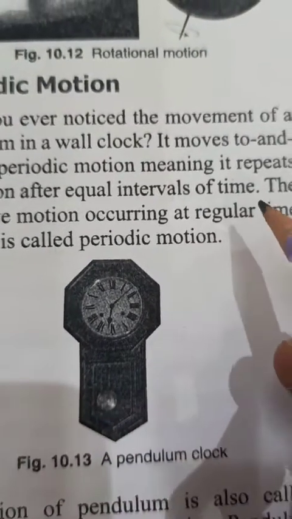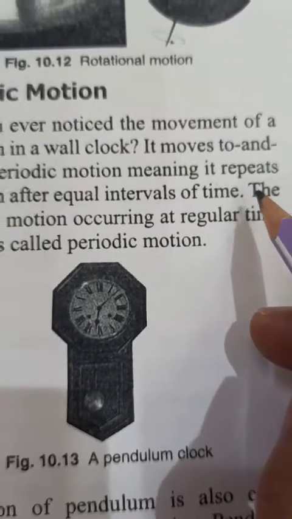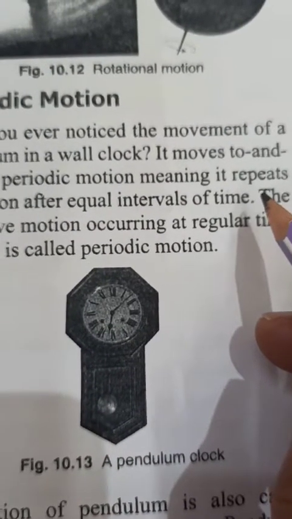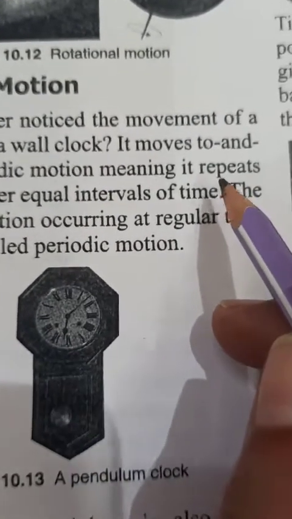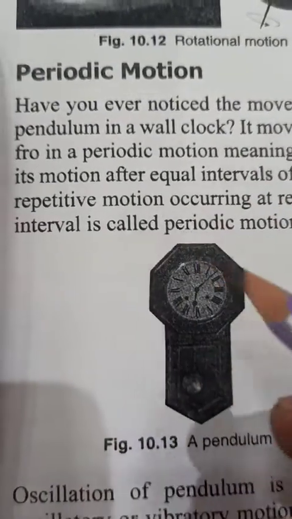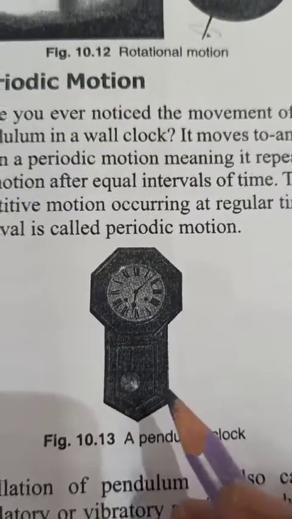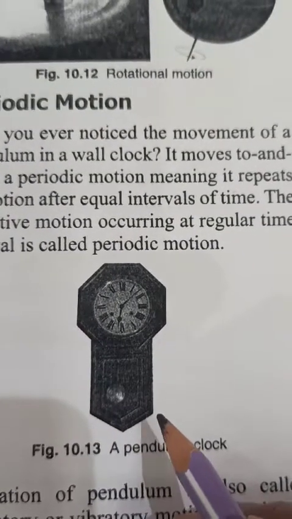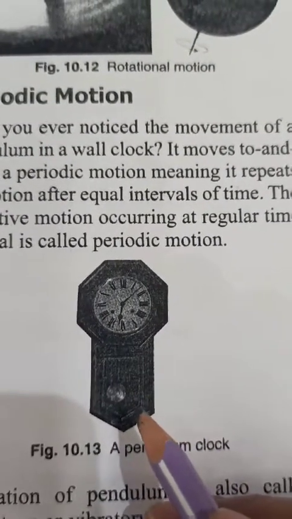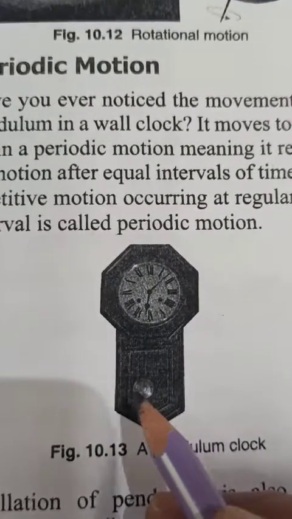Why can we say that it is a to and fro motion or it is periodic motion? Because it repeats its motion after equal intervals of time.